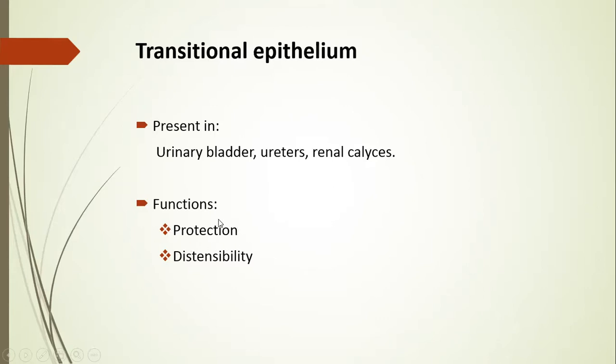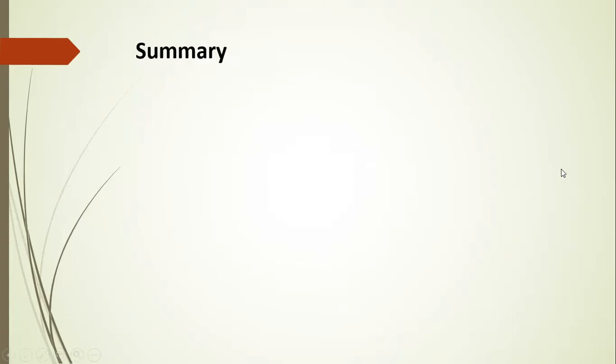Functions: protection, as we said, and distensibility. It has the ability to be distended. When the urinary bladder is full, it appears as 2 to 3 layers of cells, but when the bladder is empty, it will appear as 4 to 5 layers of cells.